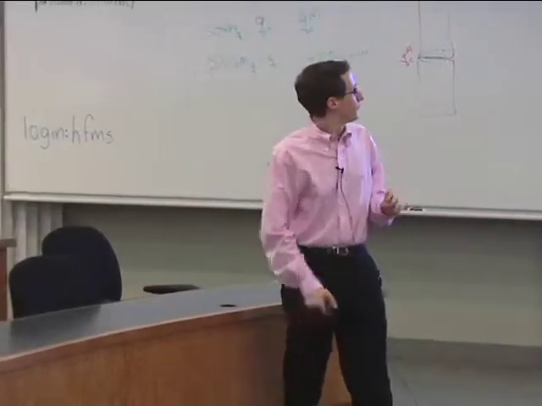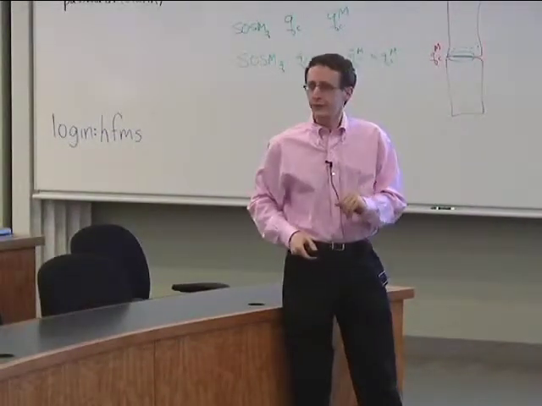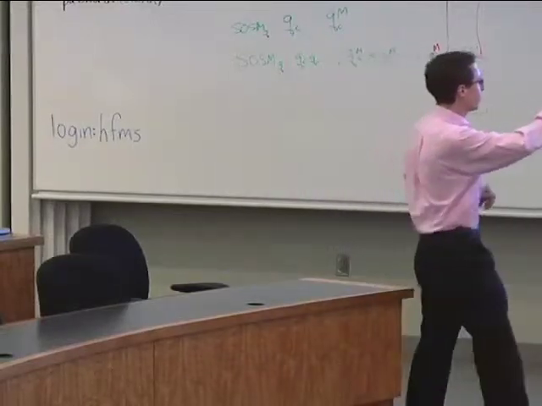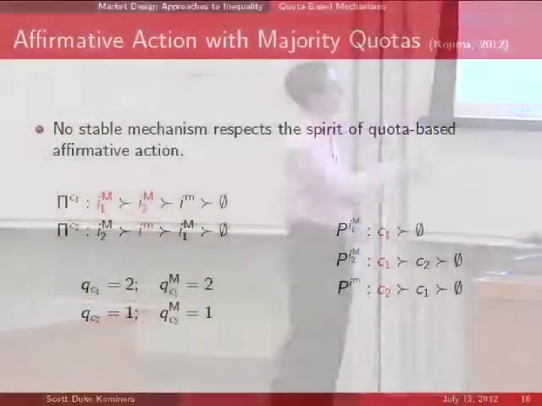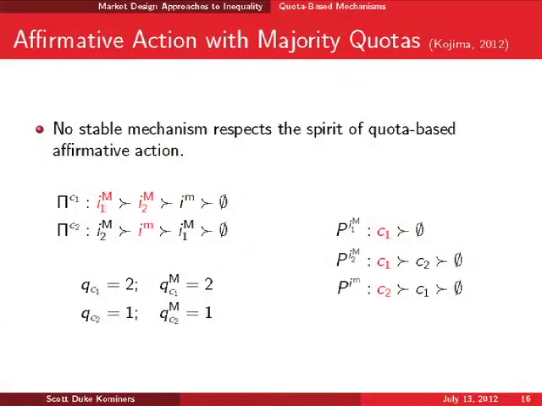So what's the story? Well, there are 3 students, 2 majority students, I1 and I2, and 1 minority student, I little m. The majority students like school 1, the minority student likes school 2. So at the moment, we start with absolutely no binding quotas, right? So the capacities are just equal to their quotas.